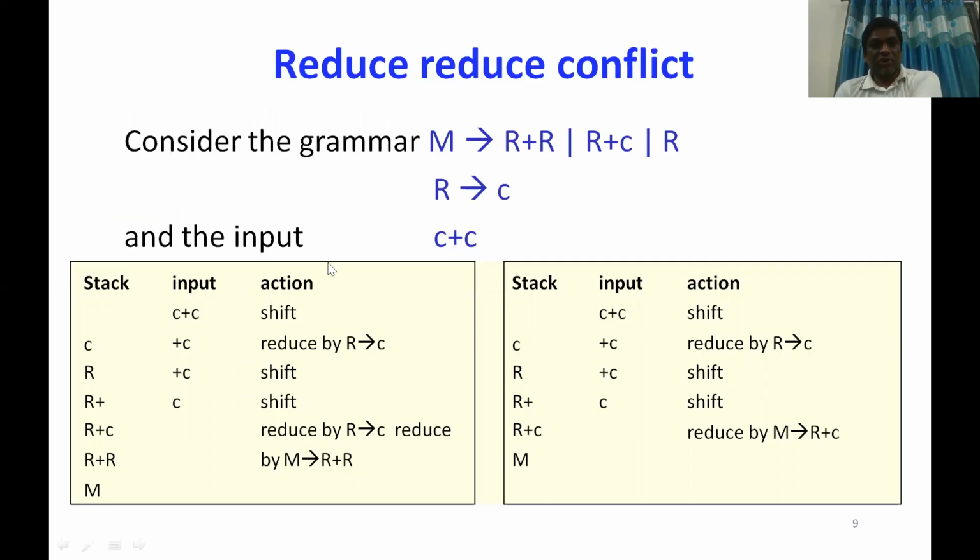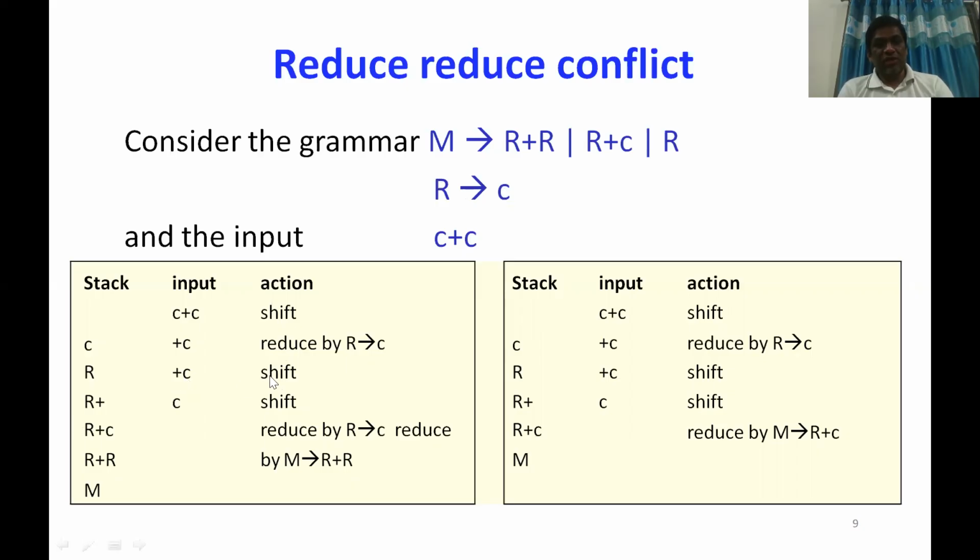Initially, because there is nothing on the stack, we simply shift it onto the stack. And immediately on the stack we have a handle, small c. So we replace it by R, because whenever we identify a handle, we reduce it by the corresponding LHS symbol. So C is now capital R, and the remaining string is the same, plus C.